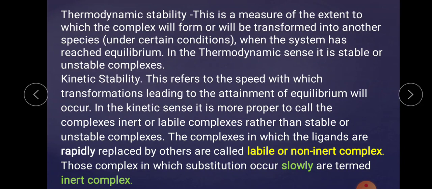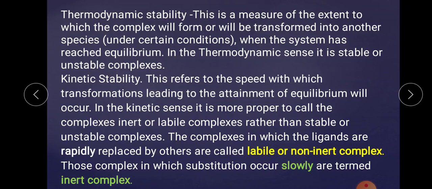In another way, it is a measure of the extent to which the complex will form. It means the percentage of yield, the percentage of product formed, is most important in thermodynamic stability.